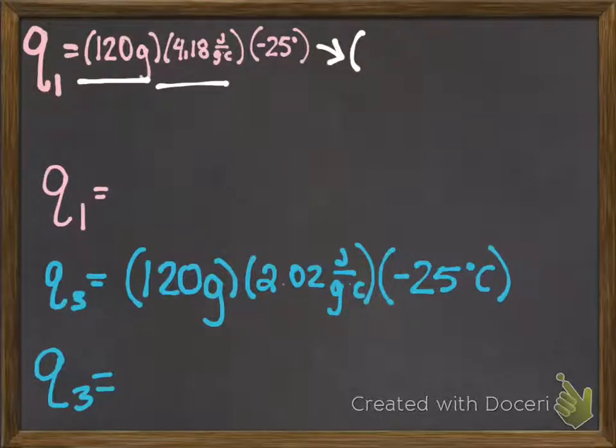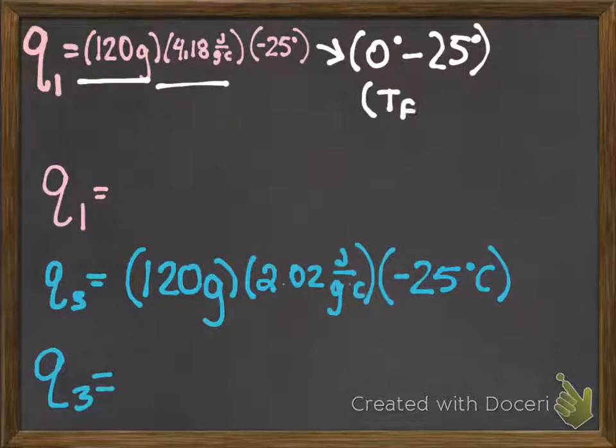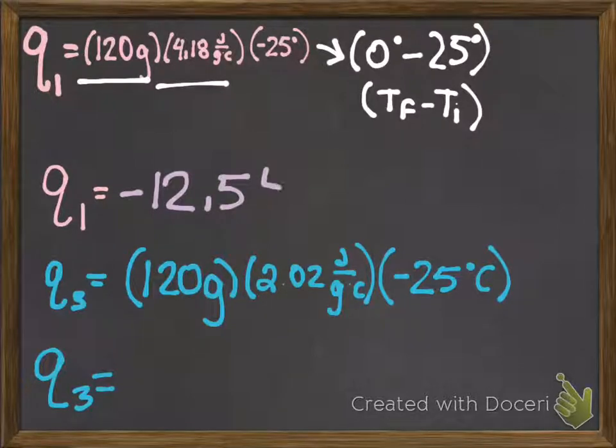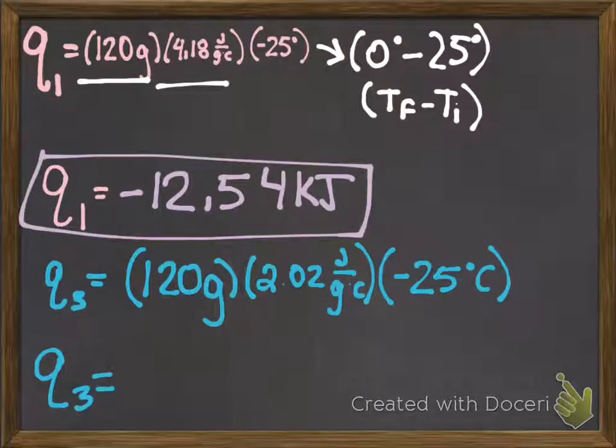It's this because your final temperature is 0 degrees, and you're going to 0 degrees from 25 degrees. This is also known as your final minus your initial temperature. After plugging those numbers into your equation, you put those into your calculator and end up getting negative 12.54 kilojoules. And that is your Q1.